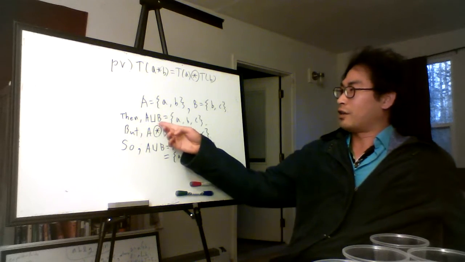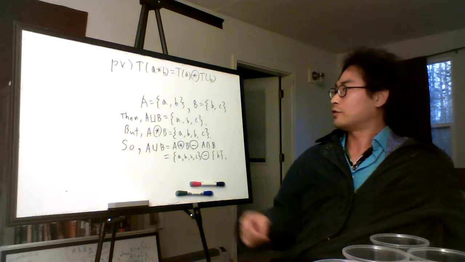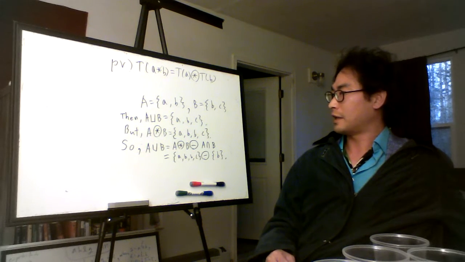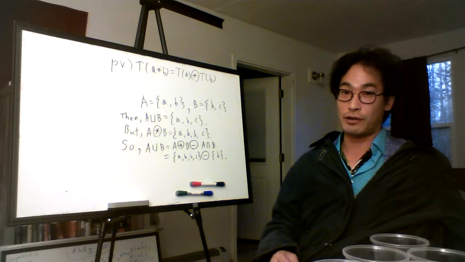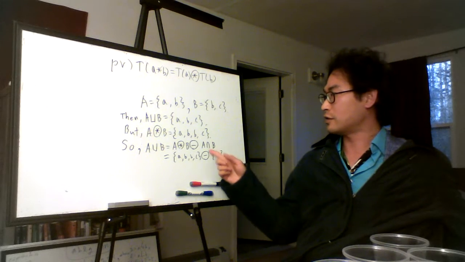If this operator does not have a circle around it, it's a traditional set operator, like set union, set intersection, right?